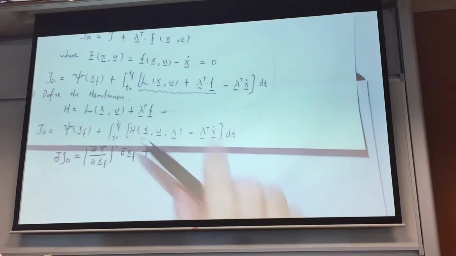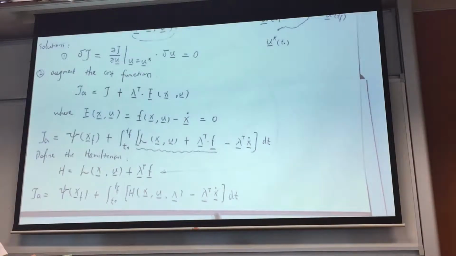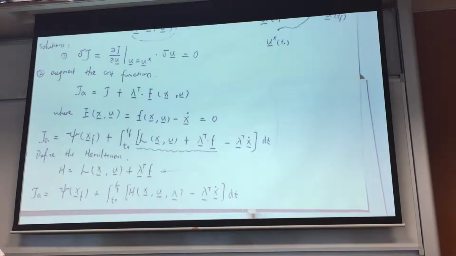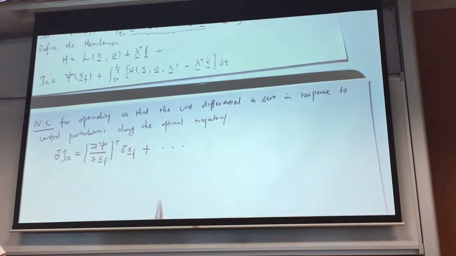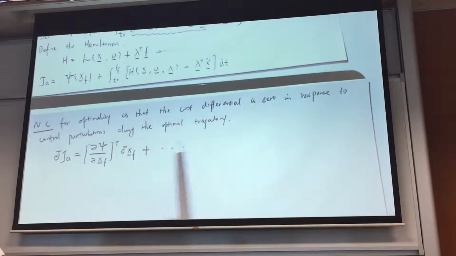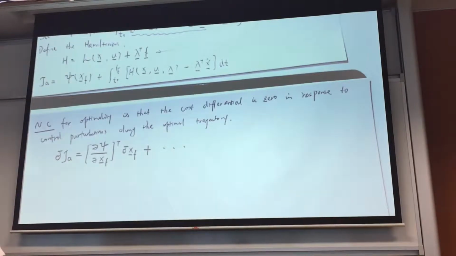This will give you three terms. This one got two terms, so you get another two terms. You can just refer to our previous lecture notes. These are the same.